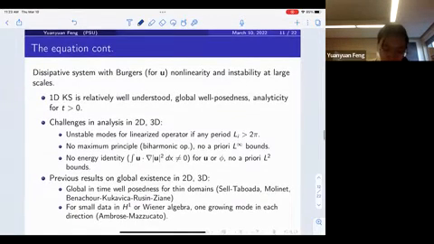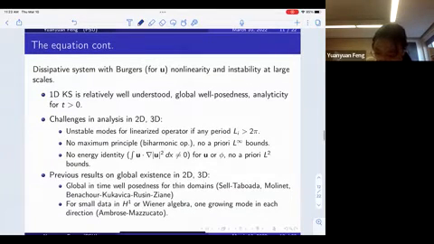For 1D, this equation is relatively well understood. We have the global well-posedness and the analyticity for t positive. There are many challenges in the analysis in 2D or 3D, because for the linearized right-hand side, the operator reads as minus Laplacian squared minus Laplacian. There might be unstable modes for this linearized operator if any period Li is greater than 2 pi.